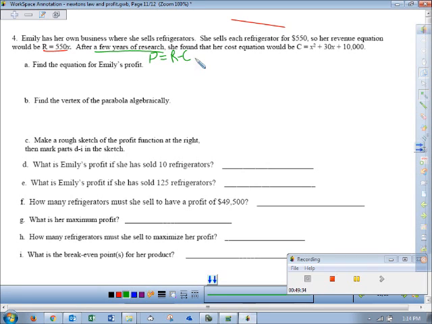Cool? So let's start. We'll definitely have a P equals. Do you know an equation for her revenue? 550X, right? Revenue, 550X. That goes in here. All good? I now need to take away the cost. Does the cost equation have more than one term in it? That's why you need to put that in parentheses. Take away that whole thing.